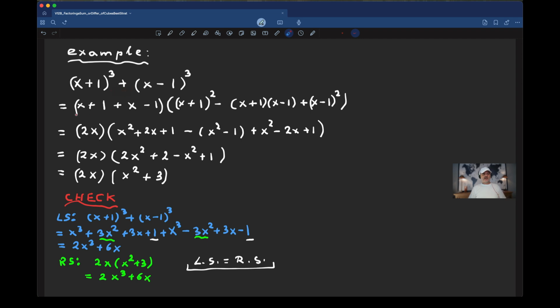We end up with the sum of the first two terms times the trinomial, which is the first term squared, the last term squared, and the product of the first and the second, with negative sign. So the sum of cubes expands into the sum of that binomial times trinomial with negative sign in the middle.